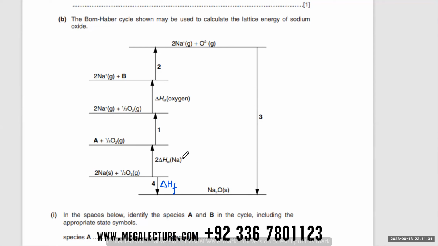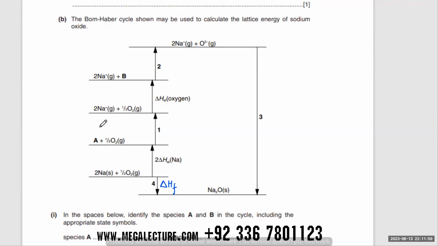So what happens in atomization? In atomization, 1 mole of an element turns into 1 mole of gaseous atoms, right? So what is A then? They're atomizing sodium. Is it enthalpy change of atomization?